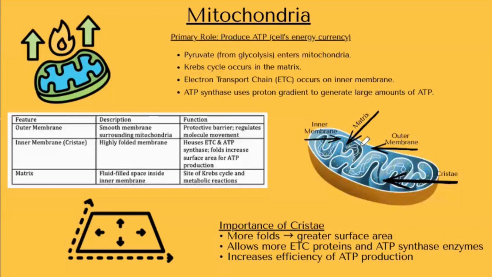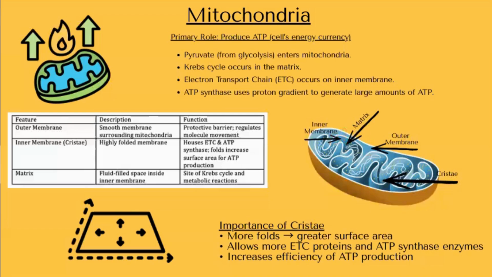So after the Krebs cycle is complete, you have what's called the electron transfer chain. The electron transfer chain is very important because it produces a high amount of ATP, or energy. And this occurs in what's called the inner membrane. So you have the matrix, and then you have this inner membrane here.